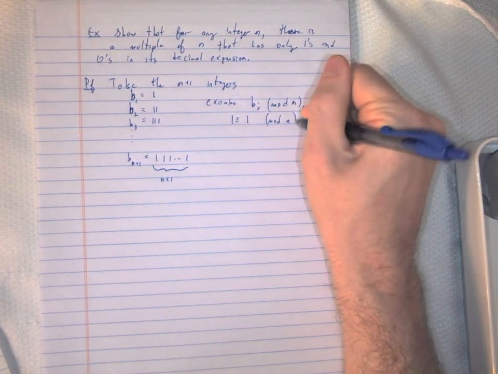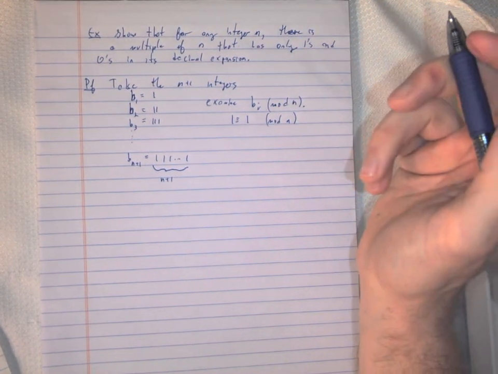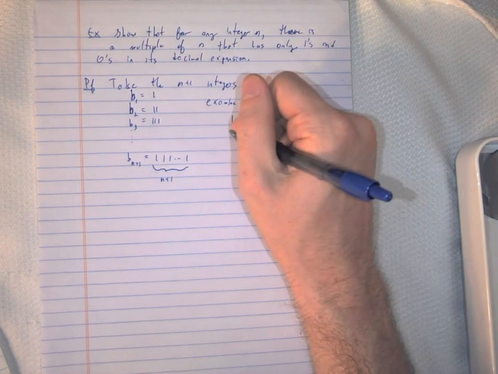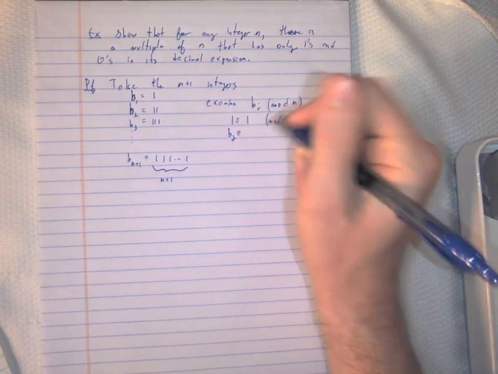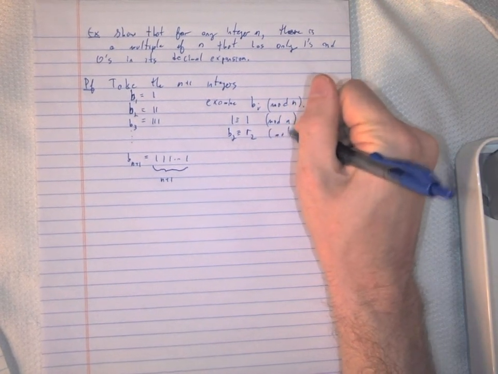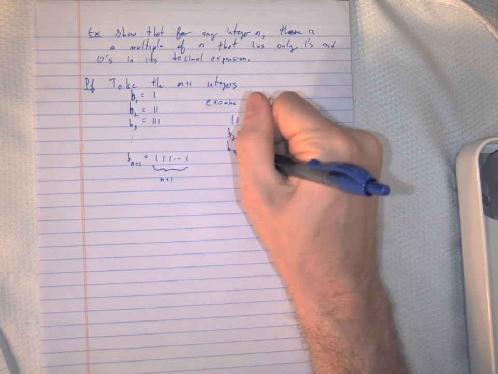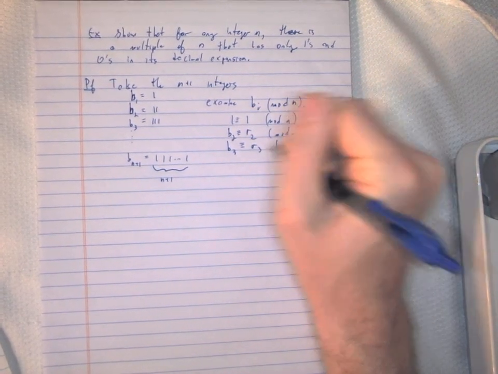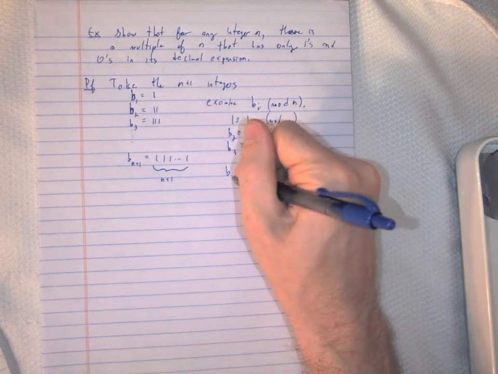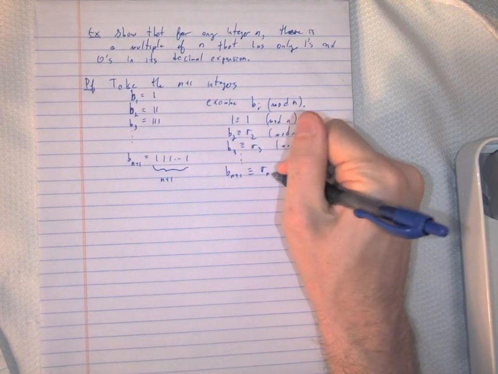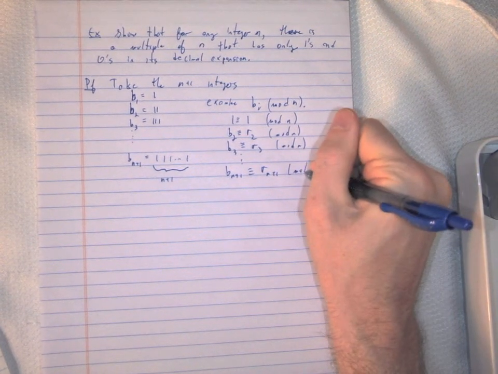I'm assuming n is a positive integer greater than 1. b2 is going to be congruent to, let's say, r2 mod n. b3 is congruent to r3 mod n, all the way down to b(n+1), which is congruent to r(n+1) mod n.